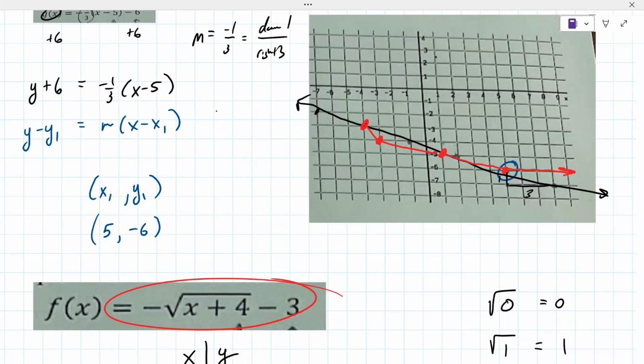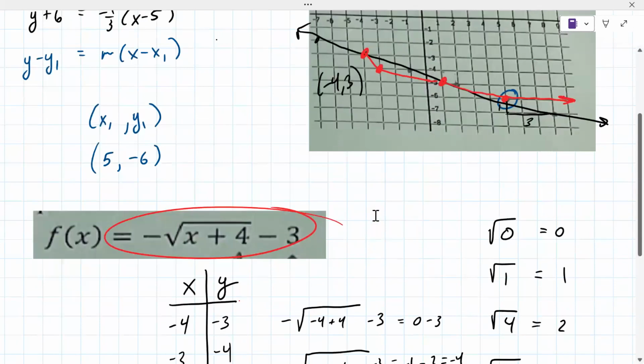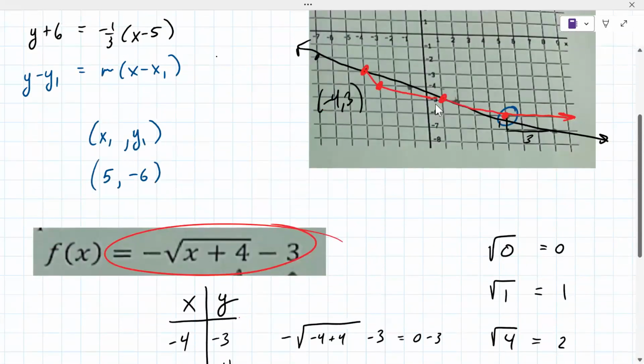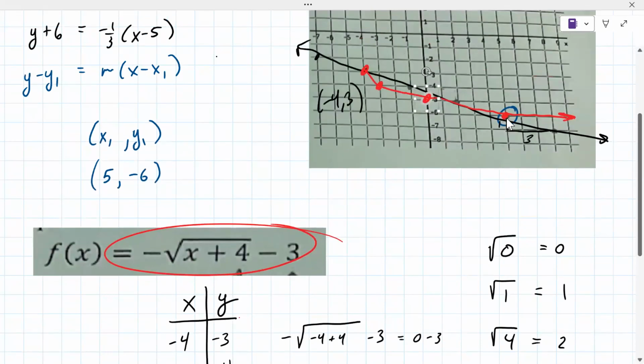So the intersection points, just to fully get the answer, are here at -4 comma 3, and then the other one is hard to find. 5, -6. Yeah, 5, -6 is the other one. Those are the 2 intersection points, if you need those.